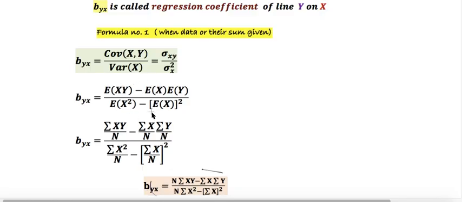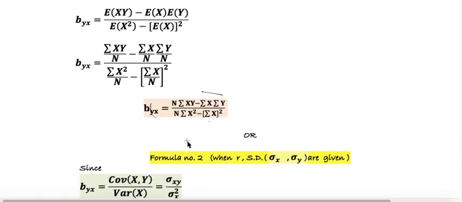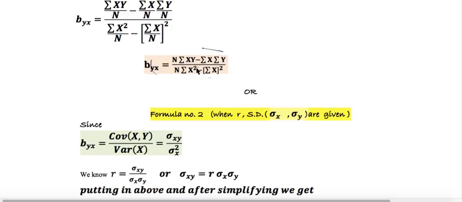So when we substitute, the denominator is the variance, and we know that variance is E of x square minus E of x whole square, or in terms of summation we can write it like that. So for example, when we are given data where summation of x is available, summation of y, the product and the square are possible, we can use this format. After simplification we can also rewrite the formula, and we can use any one of them.